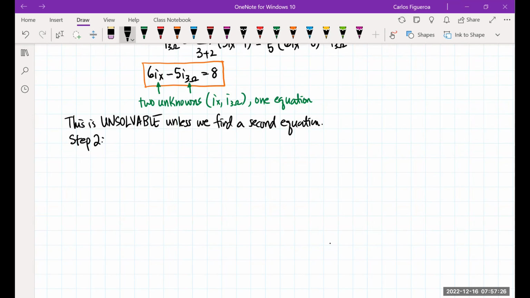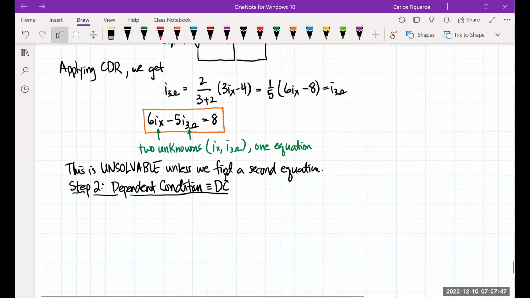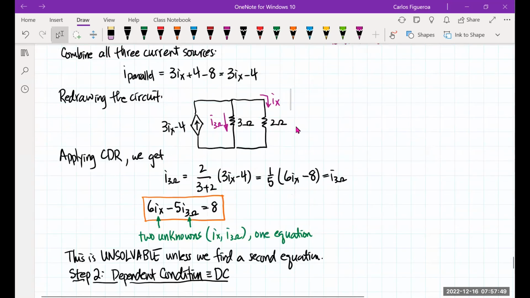That leads me to step 2, which is our dependent condition, what we call the DC. Now that I have that, I can go look at my circuit. Here's my circuit right here.